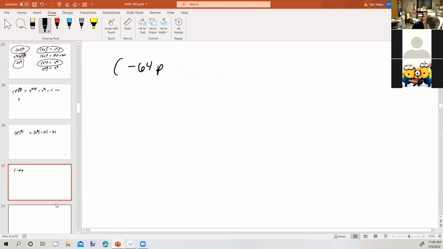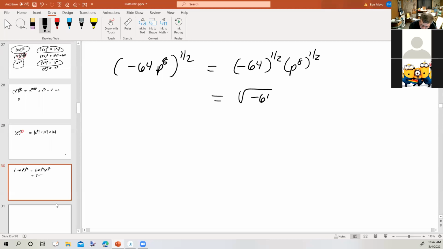-64 p to the 8th power, all to the 1/2 power. I have a product raised to a power. So this would be -64 to the 1/2 power times p to the 8th to the 1/2 power. -64 to the 1/2 power, that's the square root of -64. p to the 8th to the 1/2 power is p to the 8 halves or p to the 4th power.